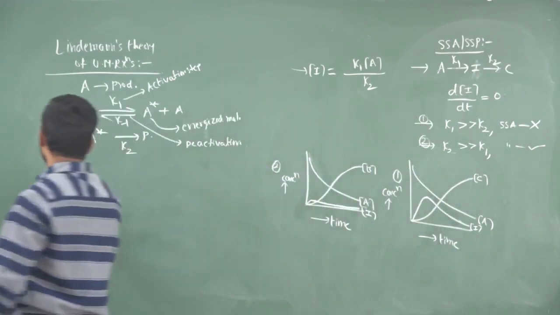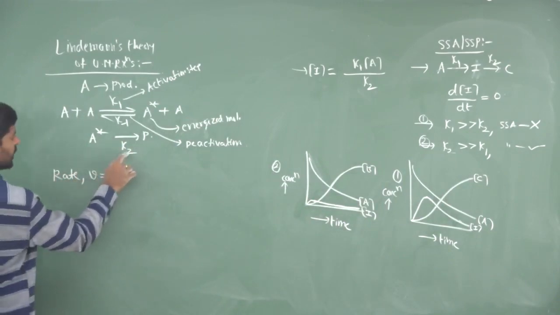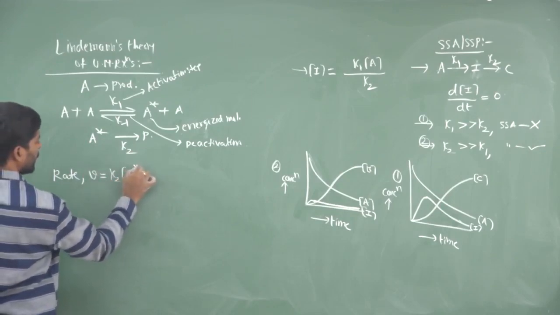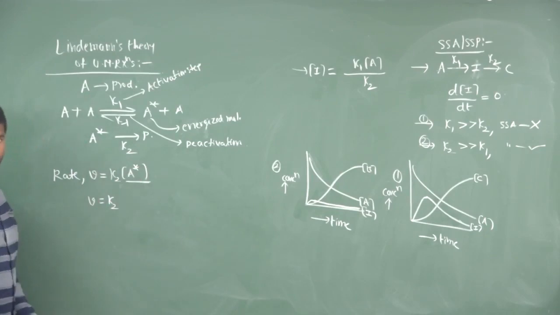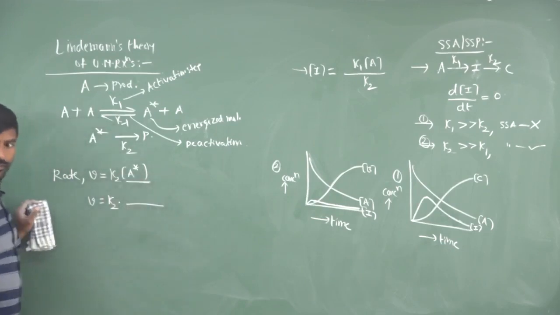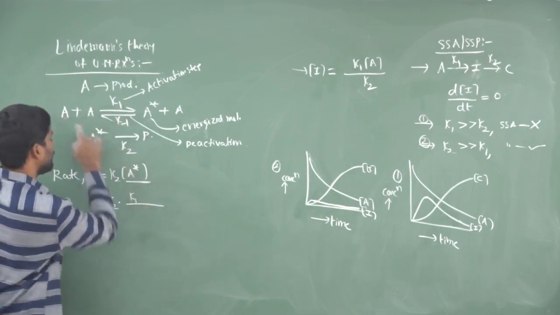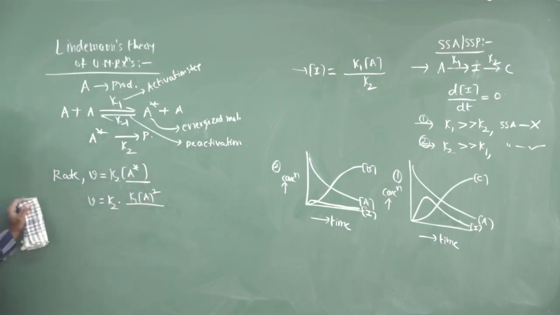Now the rate of product formation is equal to what? Rate constant into concentration of reactant, that is K2 into A star. So K2 into, how to write the concentration of A star from the steady state approximation? In the numerator we have to write where A star is forming, K1 into A square. In the denominator we write where it is consuming.